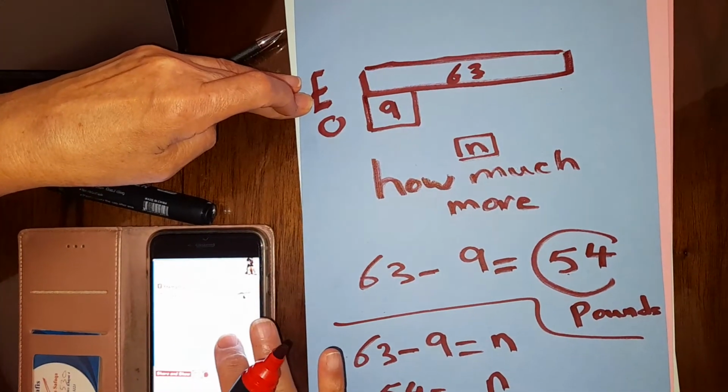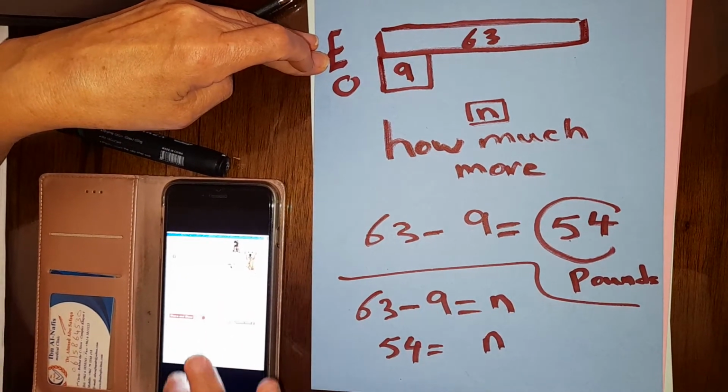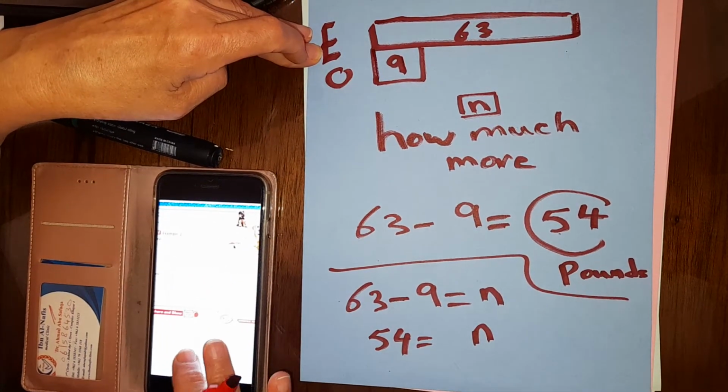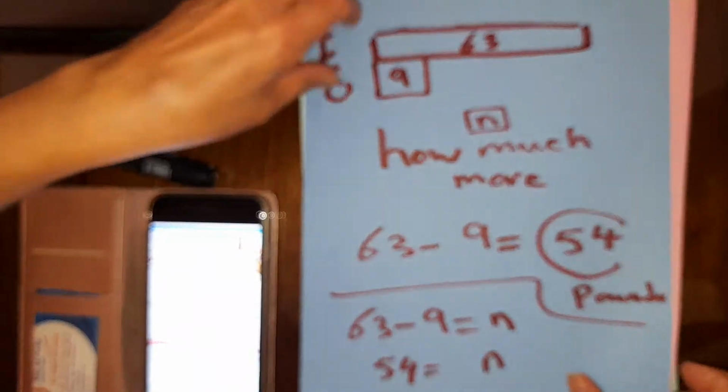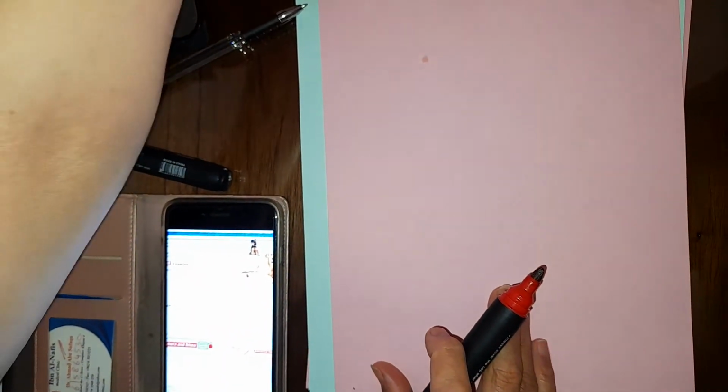Okay, we finished this part. Then let's go to the next part. In this part, what did they say? They said Maria's dog weighs 6 times as much as her rabbit. Together, the pets weigh 56 pounds.